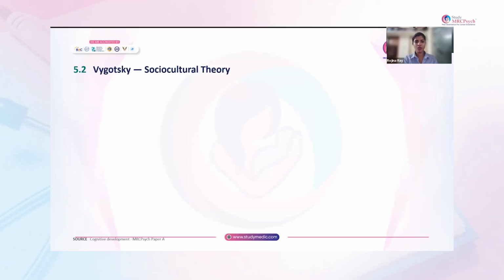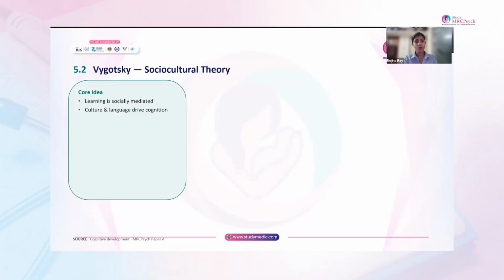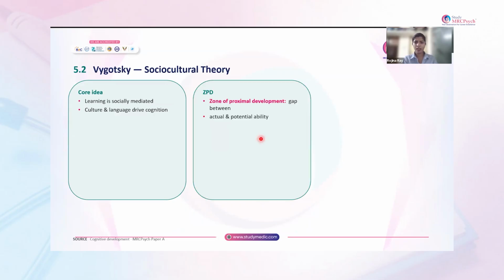So, coming to the theory by Vygotsky. Unlike Piaget, who saw development as an individual journey, Vygotsky argued that cognition is a social process. He introduced the term zone of proximal development, that is the difference between what a child can do alone and what they can do with help.